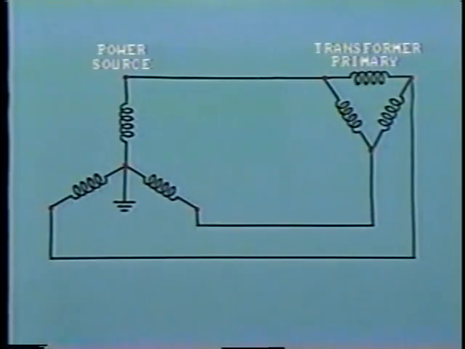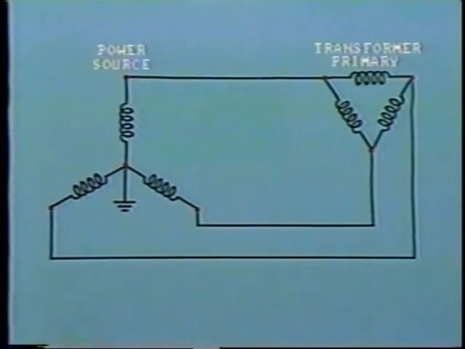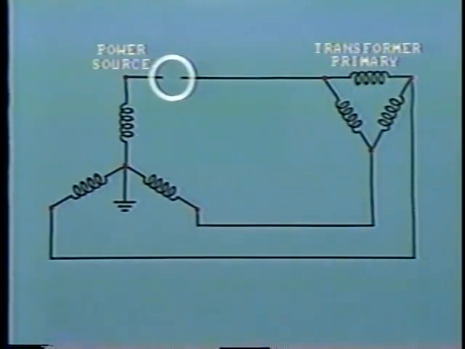Typically, this can occur where we have a delta-connected primary of a distribution transformer. In this system, the distribution line is being fed from a Y-connected secondary with the neutral grounded. As this is a distribution line, fuses are often used, so let's consider the situation where one fuse only blows, such that we have one phase open-circuited.